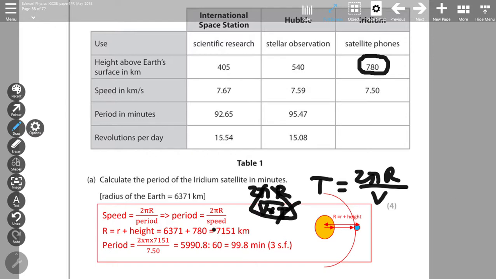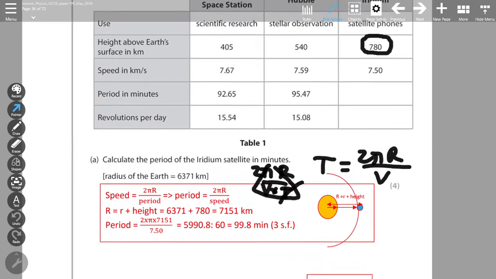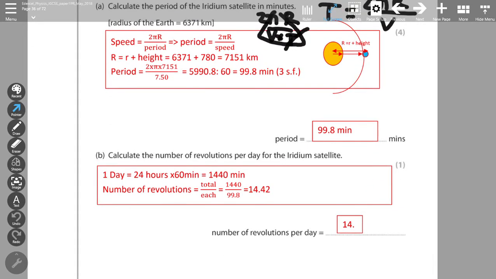So we use this formula, calculate values and keep maximum significant figures. Why? Because this is kilometers, and if you don't know how many, keep many. Right, keep many. Okay. Let us see if we skipped some questions here. Yeah, we skipped some questions. When we give the answer, we divide by 60 to get minutes, and we give the answer in minutes.